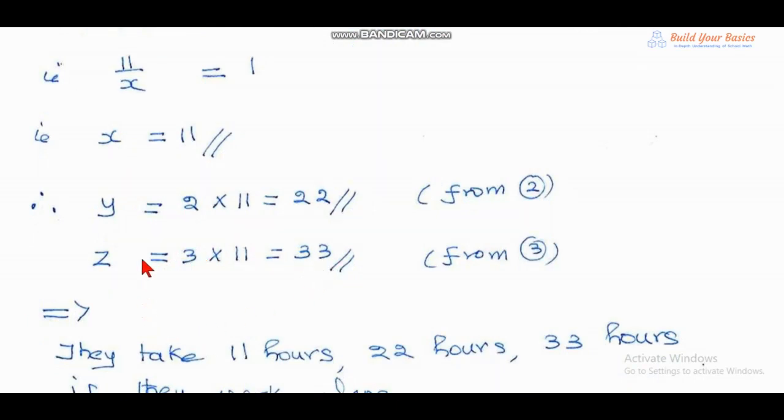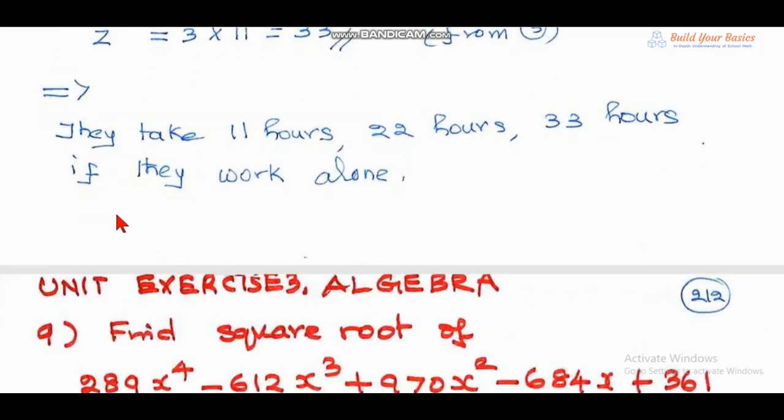So the values of x, y, z are 11, 22, 33. They take 11 hours, 22 hours and 33 hours if they work all alone. That's all the problem.